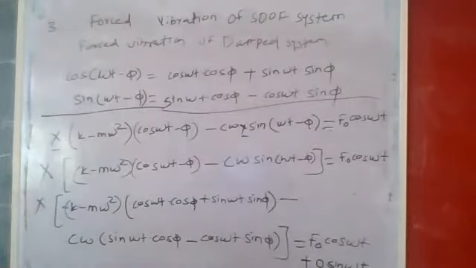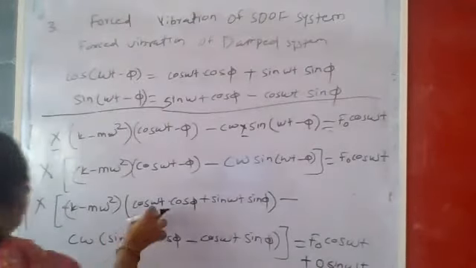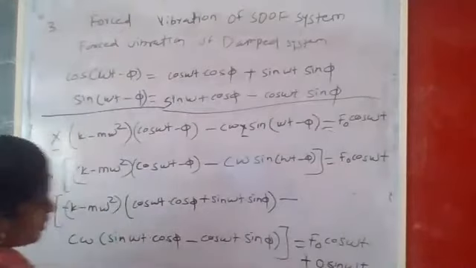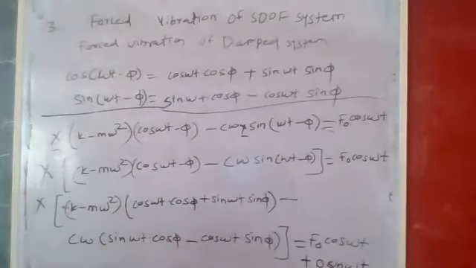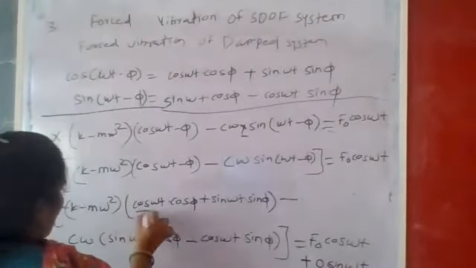So compare both these formulas, the first term and second term, with respect to cos of omega t and with respect to sin of omega t. From this we'll get two equations.